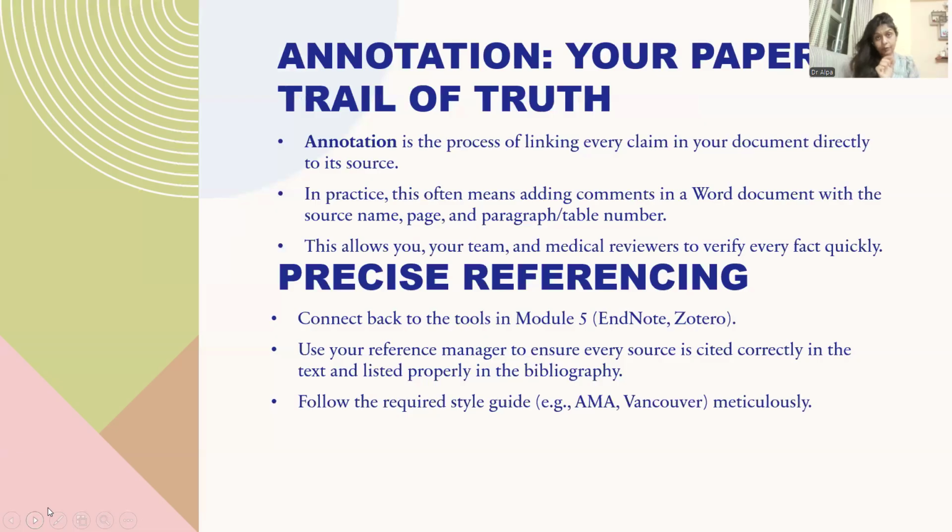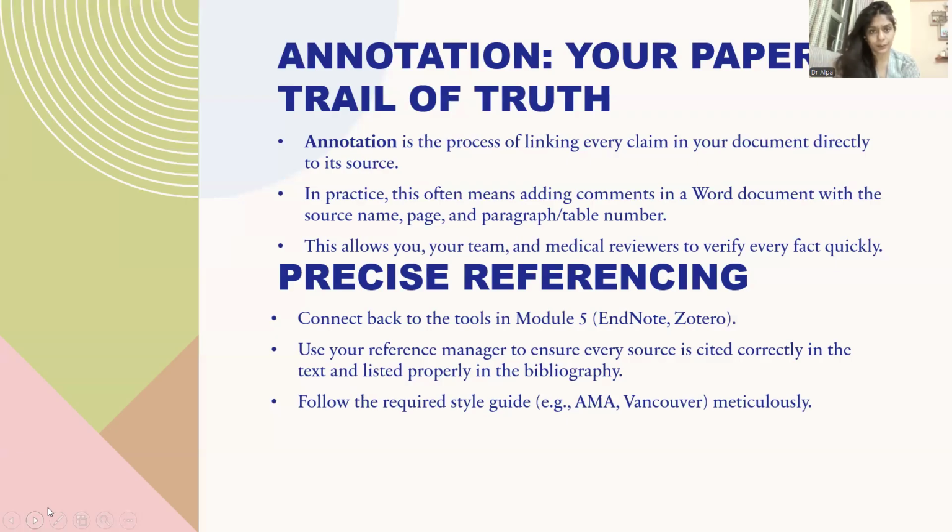Wherever you see there is a data point or a factual statement, you have to maintain a parallel Word document wherein you will add in your comments with the source name, page, paragraph, and table number. We call it a reference pack or reference binder. This will give other reviewers a confidence that everything which is going ahead is scientifically supported and referenced properly.